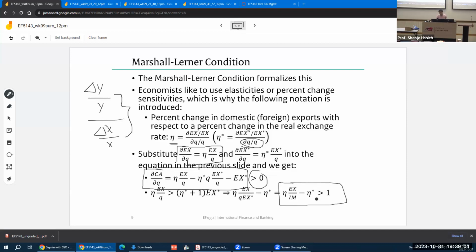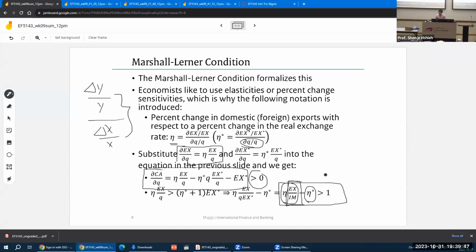So what is the intuition of this equation? This equation is saying that the elasticity of domestic exports has to exceed the elasticity of foreign exports abroad, right? So your sensitivity to changes in Q has to be stronger than the sensitivity of foreign exports given our change in Q. That's what it's saying. But there is a ratio term here that's supposed to have an amplification effect, right?